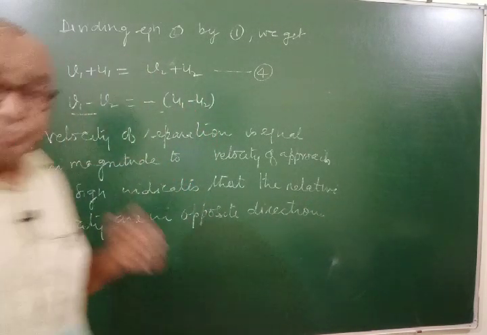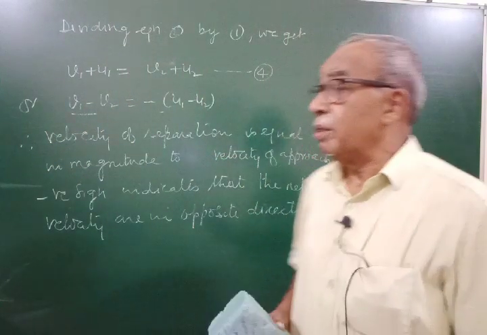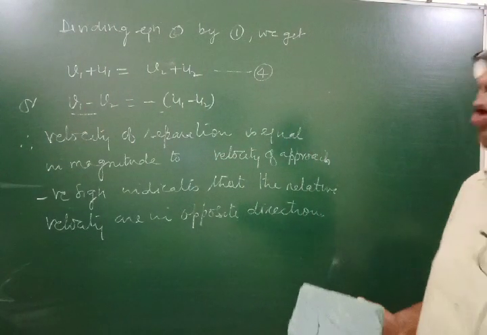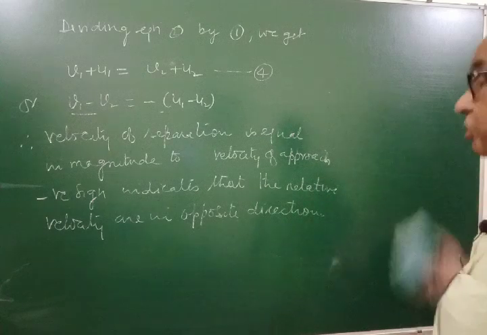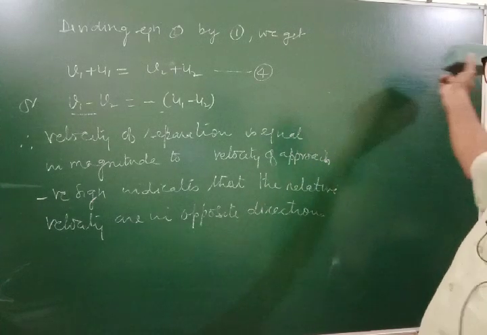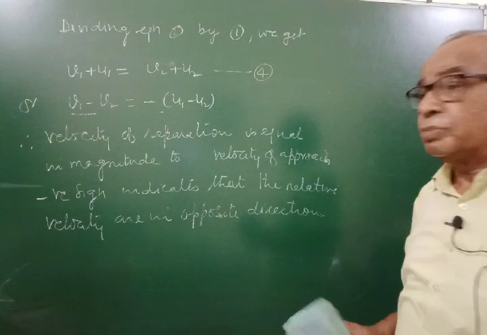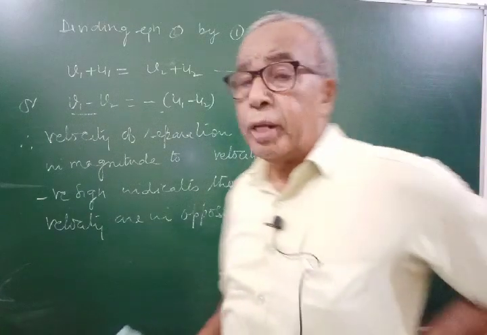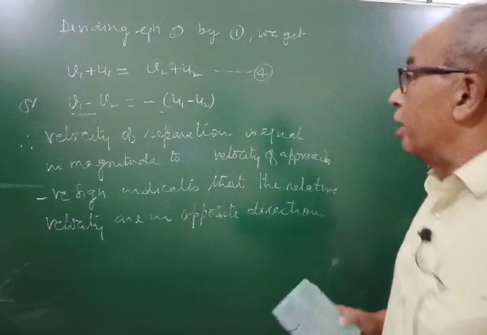What does it mean? Difference of direction means the body which was moving slower will become faster. In the diagram I have shown the V2 arrow longer than V1, and the body moving faster gets slower.